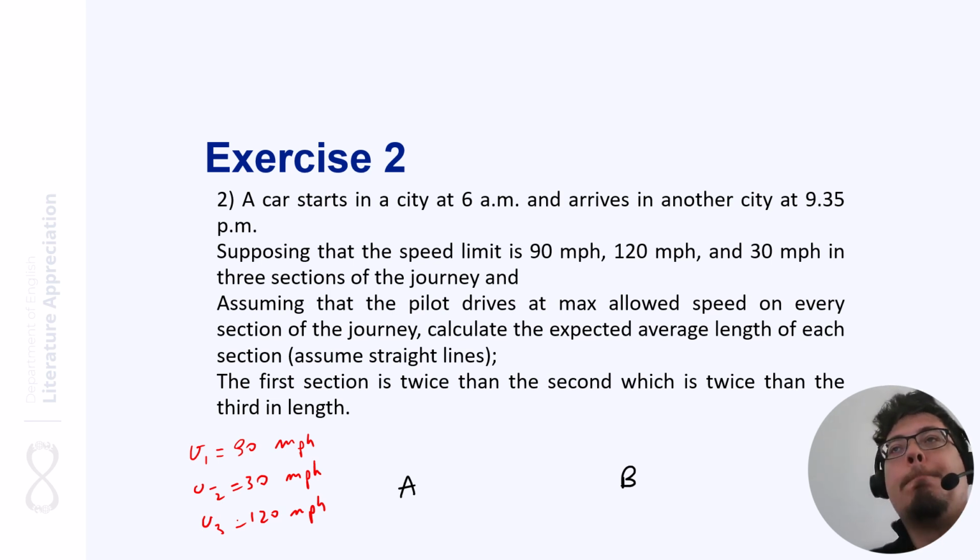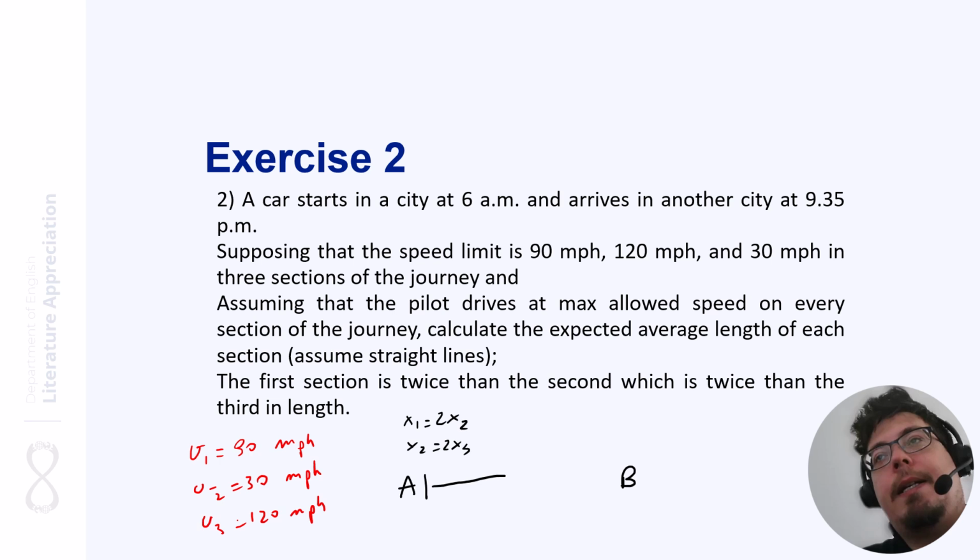To complete, we want to know the length of each section, supposing that x1 is equal to twice x2 and x2 is equal to twice x3.